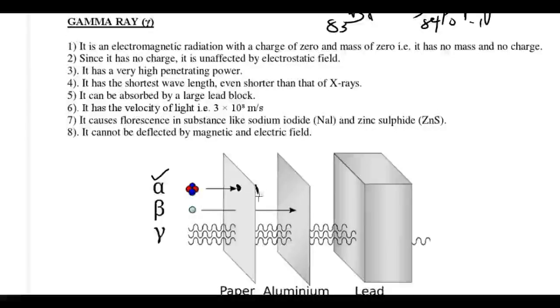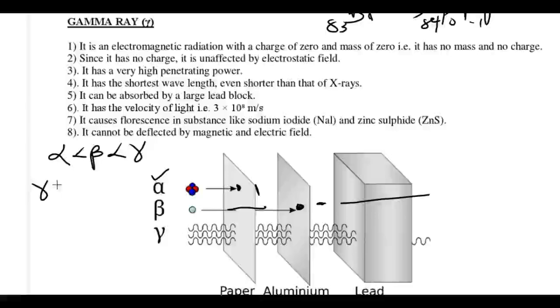It cannot go beyond this barrier. But in the case of beta, it can penetrate this and come to this barrier, but it can't go beyond this barrier. But in the case of gamma, it can go beyond this barrier. So in order of penetrating power, alpha is less than beta, less than gamma. Or you say gamma is greater than beta, greater than alpha. Talking about penetrating power. Are we together?